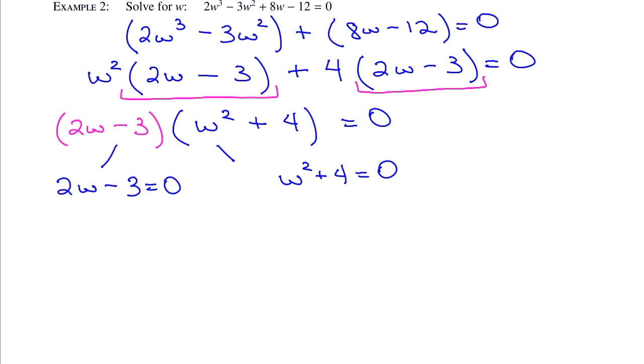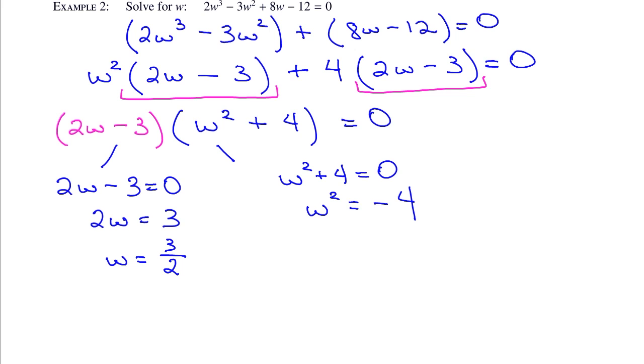Working on the left-hand side, I'm going to move the 3 over and solve for w over here. Divide by 2, and we get 3 halves. On the right side, I'll move the 4 over. It goes over as a negative. So we have w squared equals negative 4.